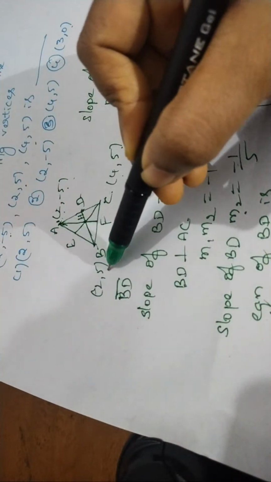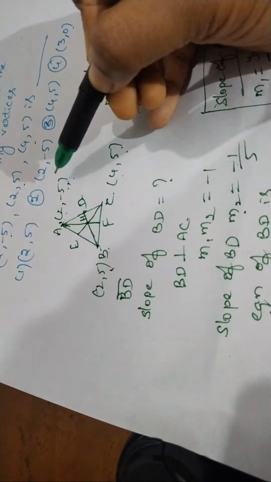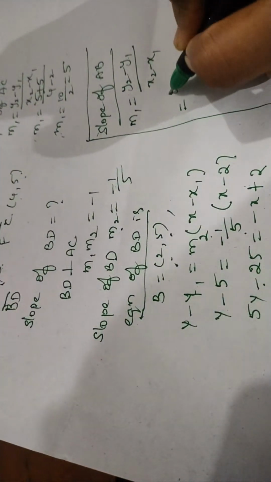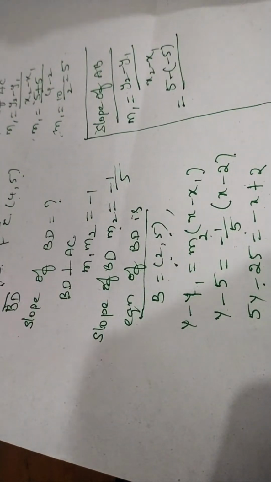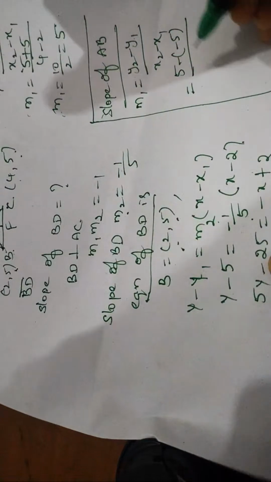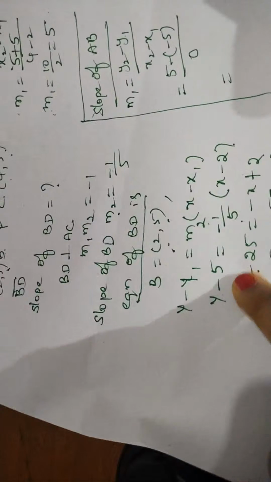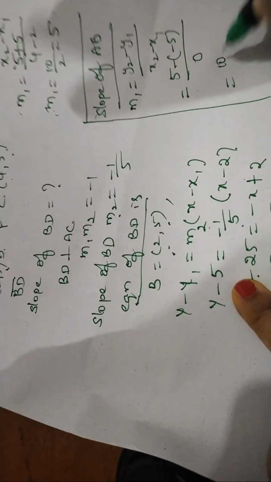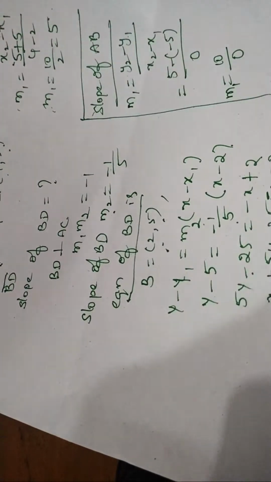Suppose we consider this as y2, then y2 minus y1, 5 minus of minus 5, divided by x2 minus x1. Here x2 is 2, x1 is 2. 2 minus 2 is 0. So I will just keep it like this. 5 minus of minus 5 is 10. 10 by 0. So this is m1.